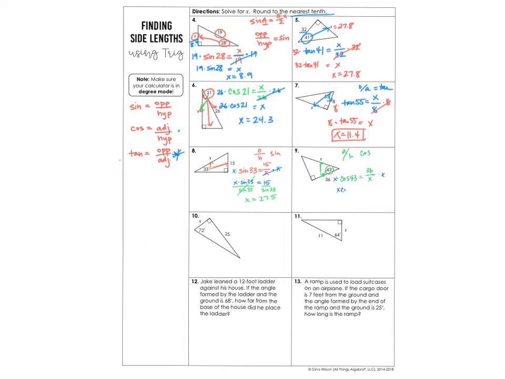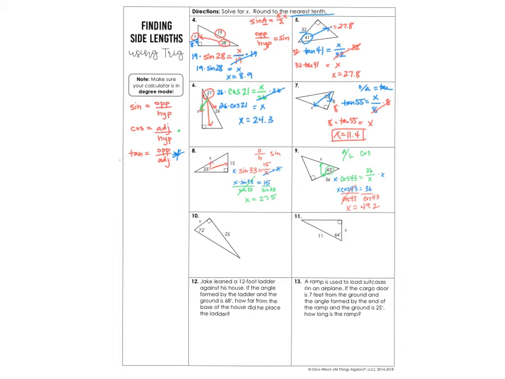That gives us x cosine of 43 equals 36. And then to get x by itself, we divide by the cosine of 43. So that cancels out, and that leaves us with x equals, and then we're going to do 36 divided by the cosine of 43 in your calculator. So that gives you 49.2.